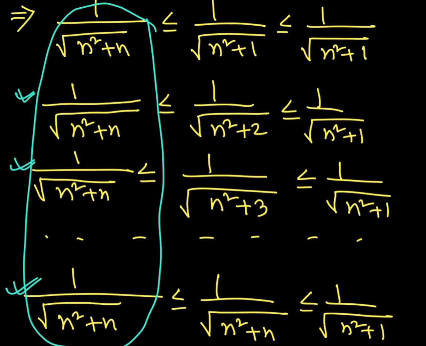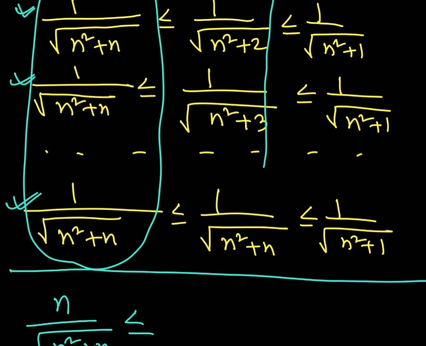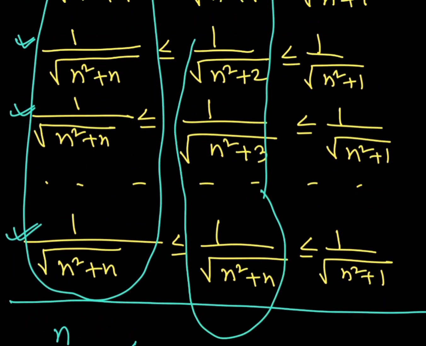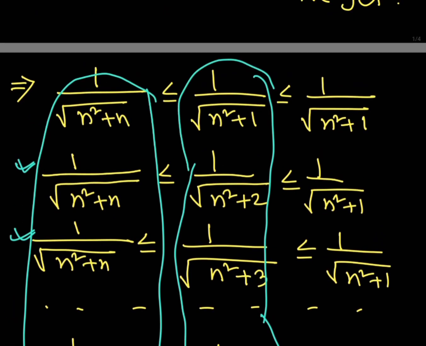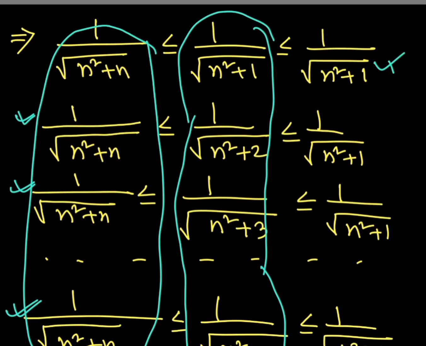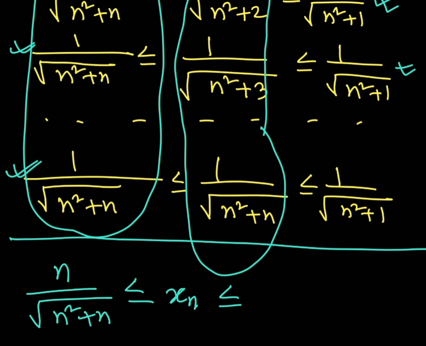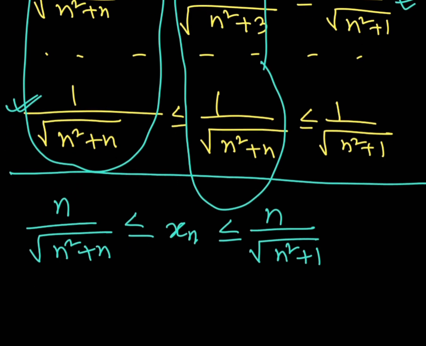The middle term is actually our given function, whose limit we have to find, so let us say that is xn. On the right side it is fixed, all are 1 upon square root of n square plus 1, and there are n such numbers, so that is n upon square root of n square plus 1.